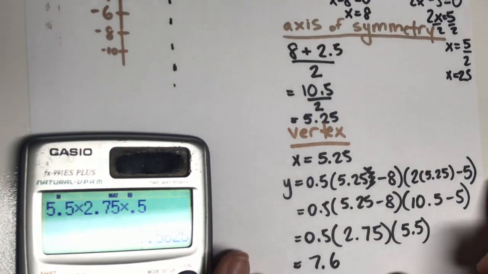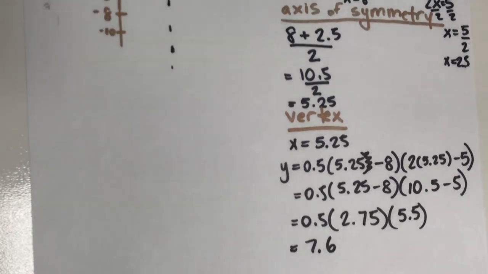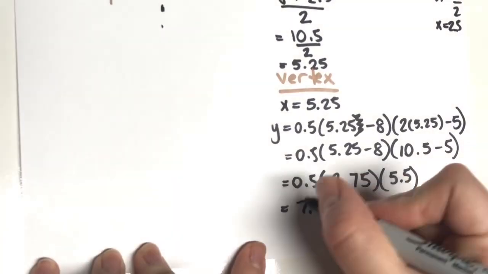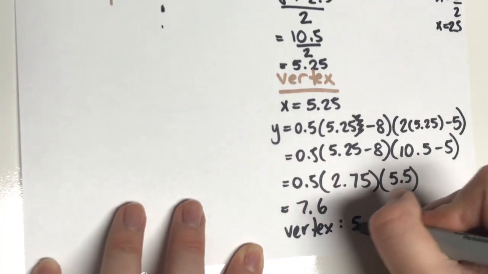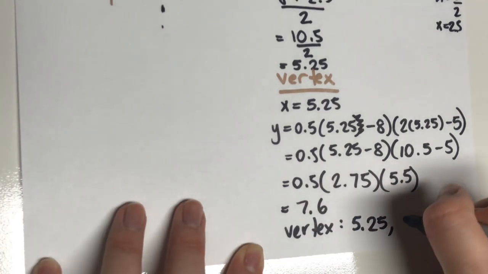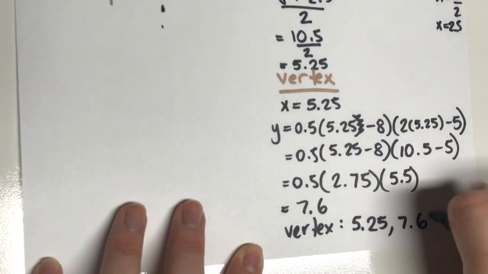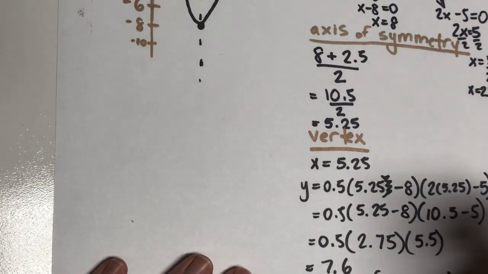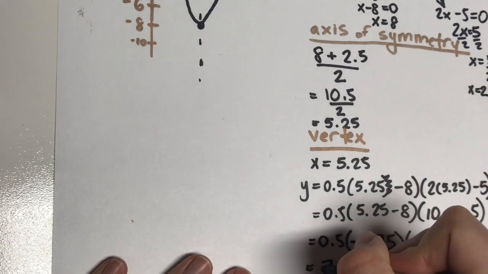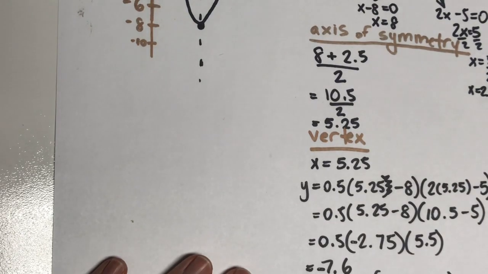So that means my vertex is at 5.25, comma 7.6. These were supposed to be negative, so this is negative.